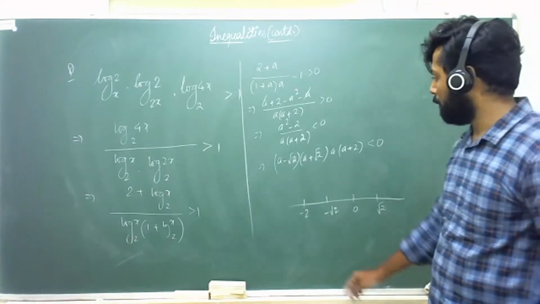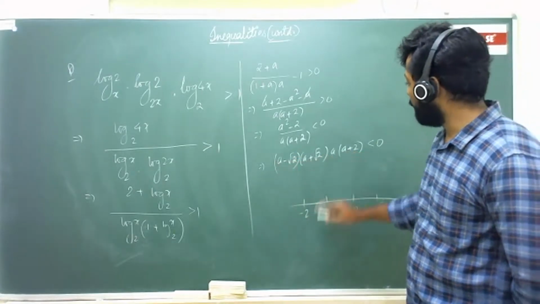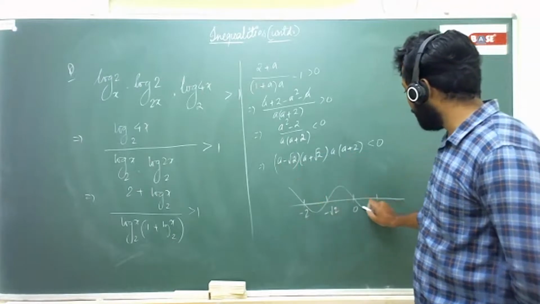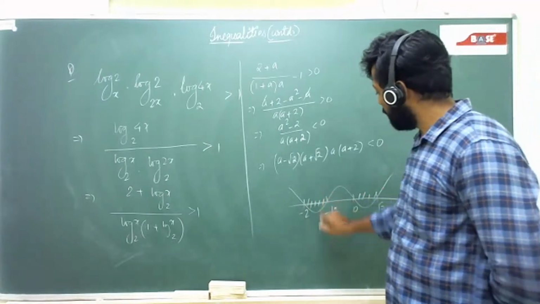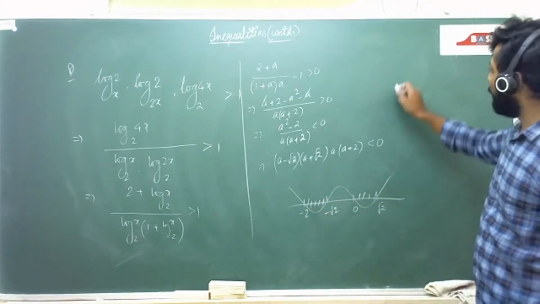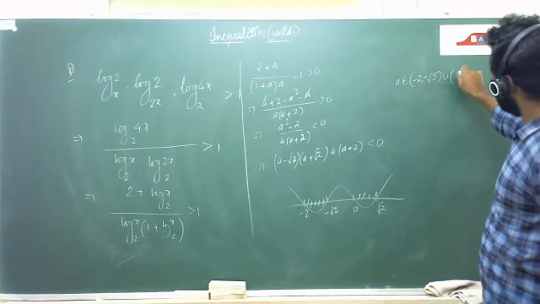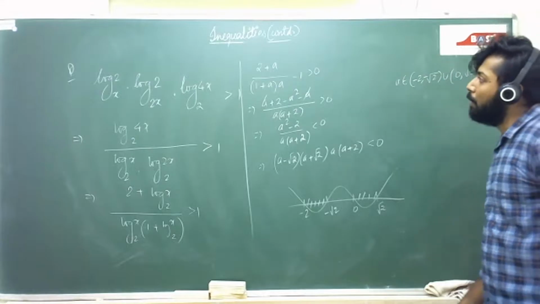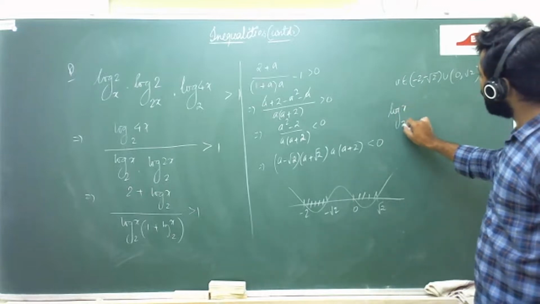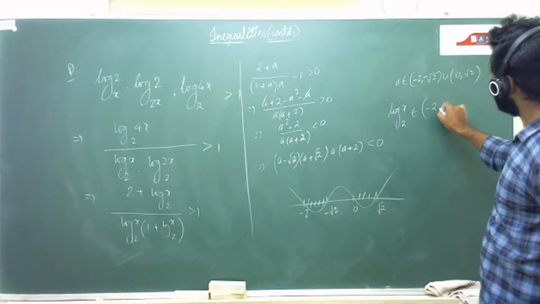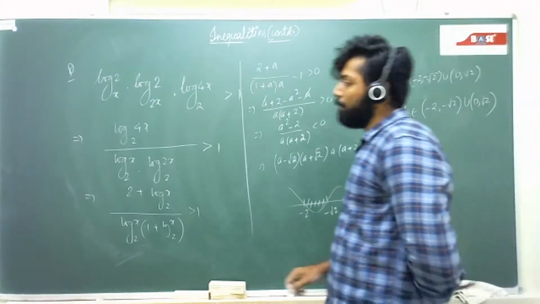We'll take a point, let's say minus 3. Minus 3, minus 3 minus root 2 negative, minus 3 plus root 2 negative, and negative. Ultimately positive. So this is how the wavy curve will go. But the negative portion is this and this. Correct. So finally, a belongs to minus 2 to minus root 2, union 0 to root 2, in open. Now a was log x base 2. So log x base 2 belongs to minus 2 to minus root 2 that we have.